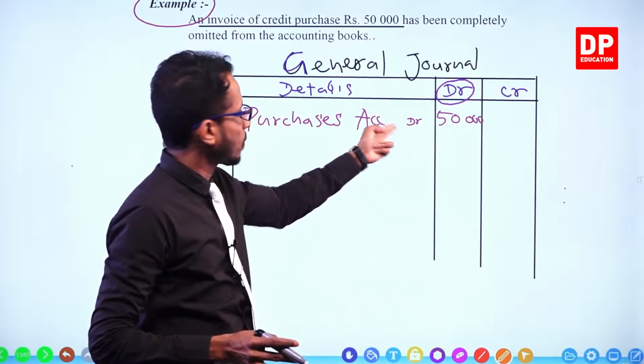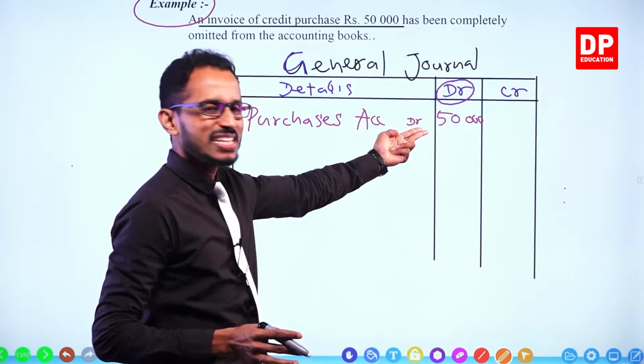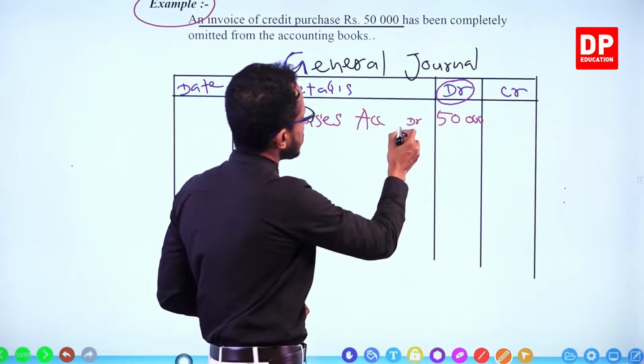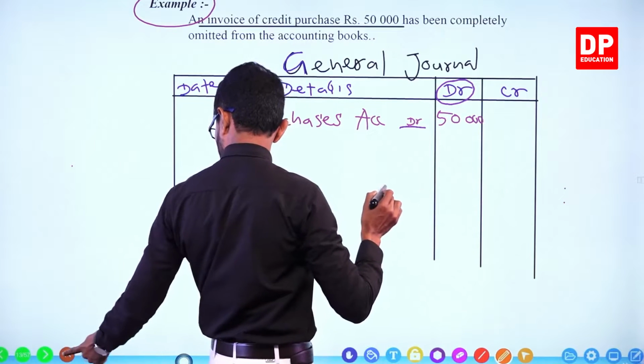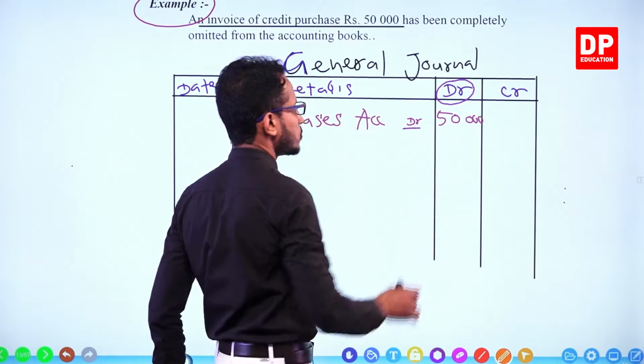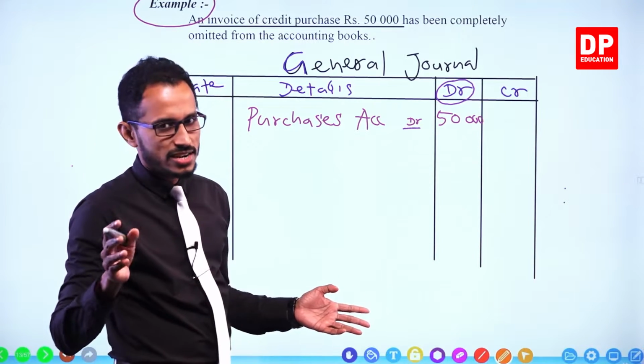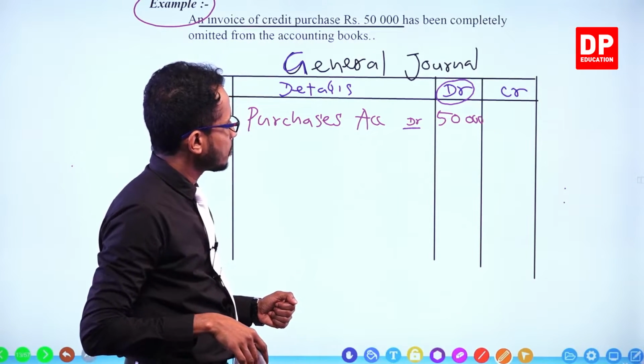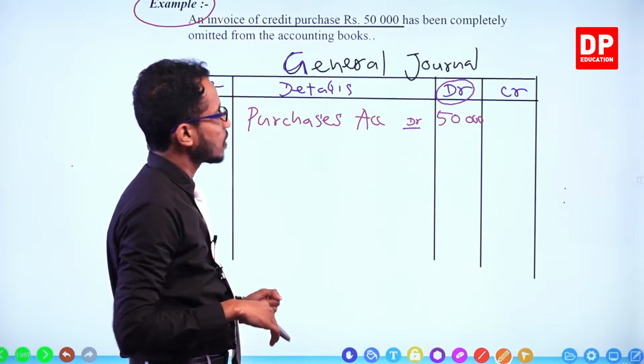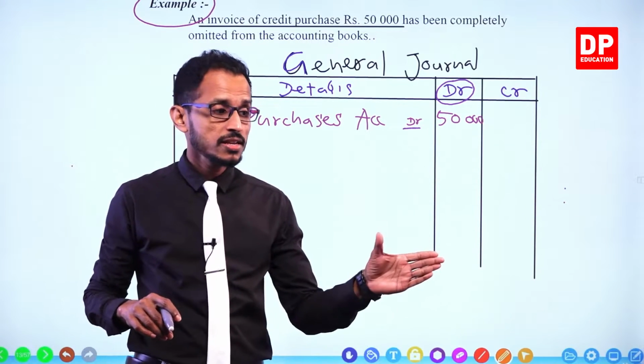Debit entry should be on top. The first entry should be the debit entry, and you just write debit. A small DR should be written. It's a tradition, okay?